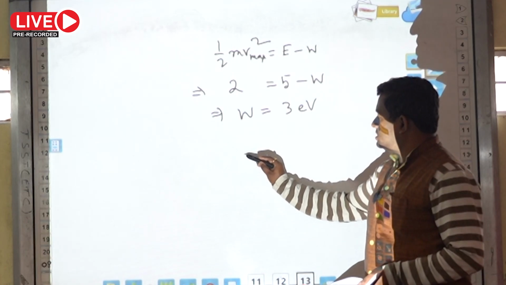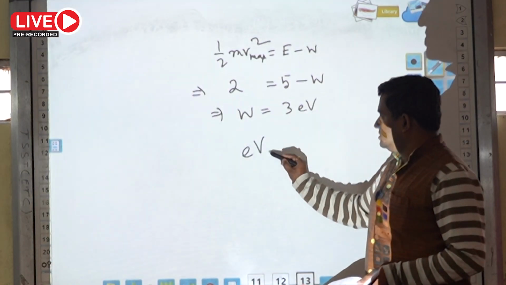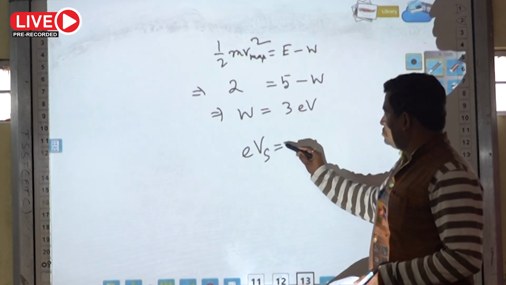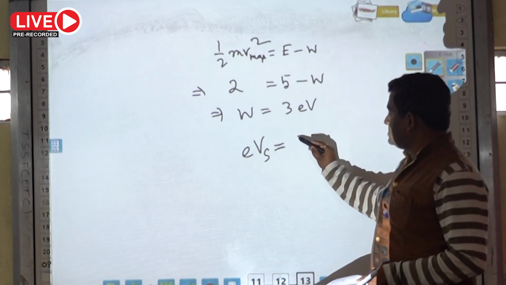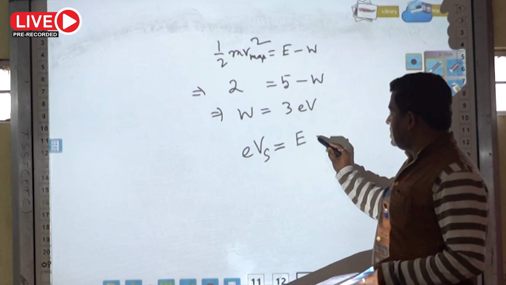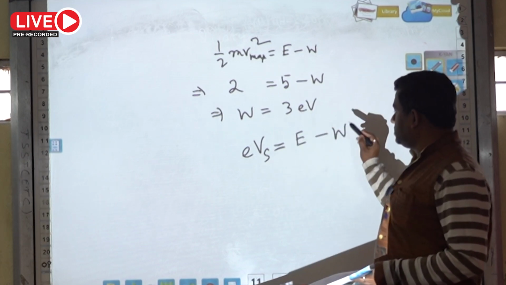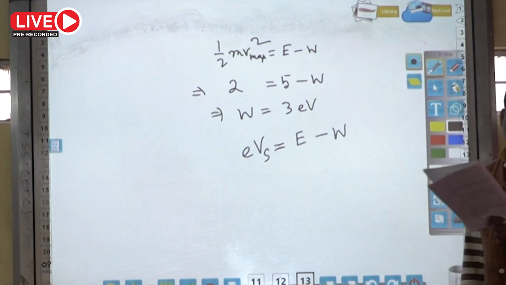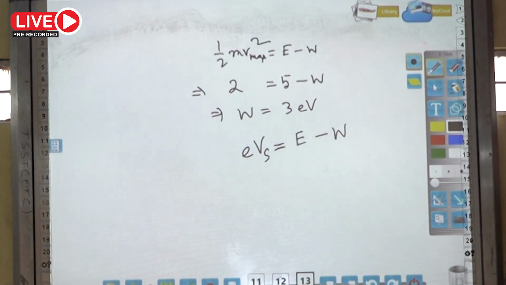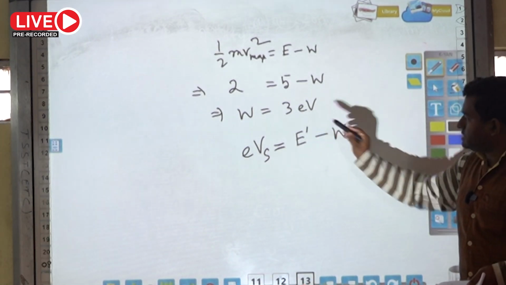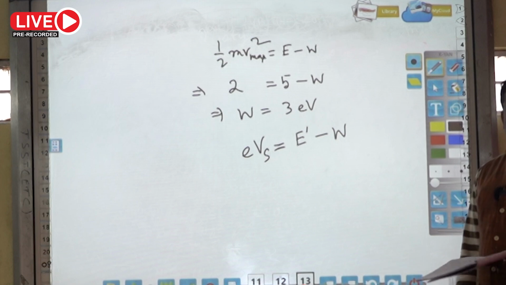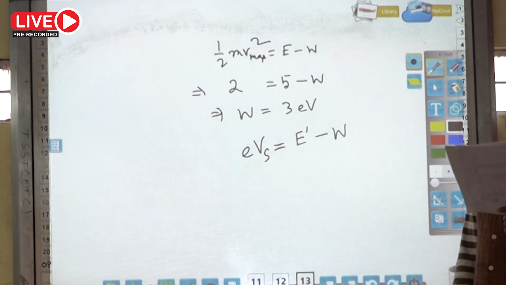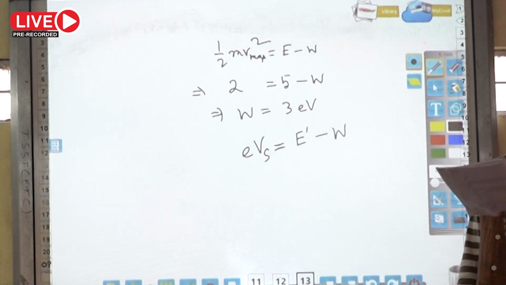Now we can write that eVs equal to E minus work function. Now in this case I will consider it as E prime, because it is different from previous, that is 6.